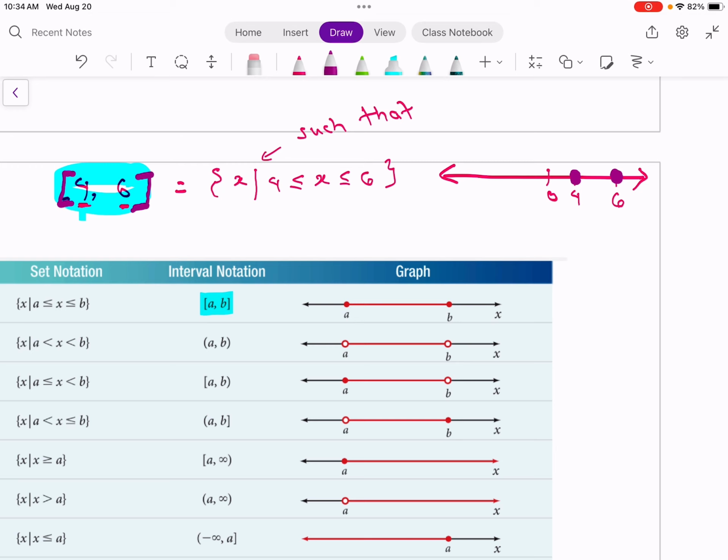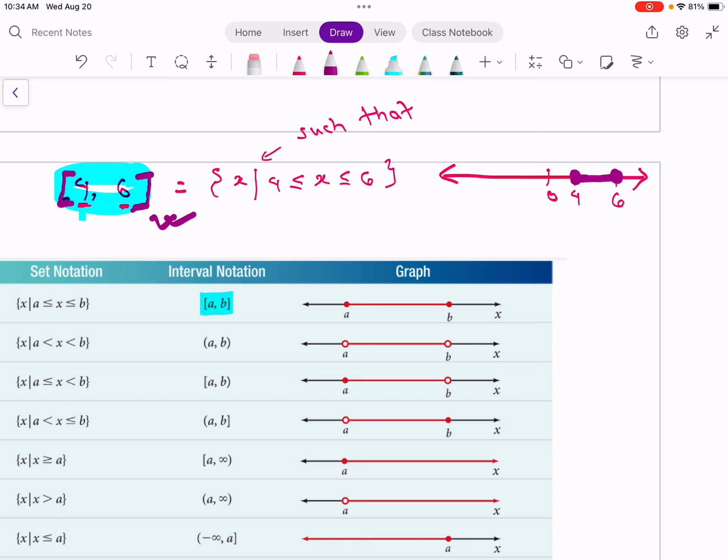Closed circle means you are including these two numbers, and every number in between 4 and 6 is in this set.